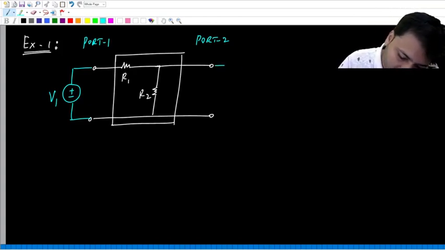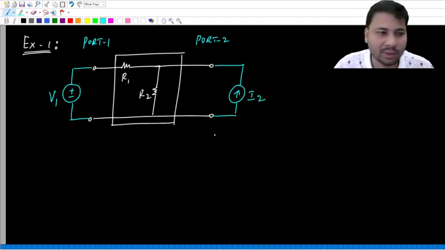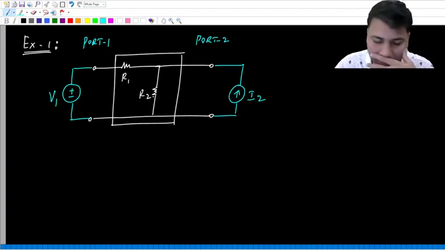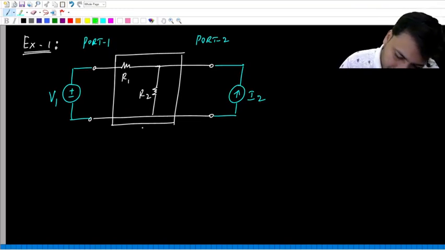And let's say at port 2 I connect a current source, and I call the current source I2. Let's say this is the complete circuit or the original circuit, where we have a resistive network with 2 ports, and at each port some independent source is connected.